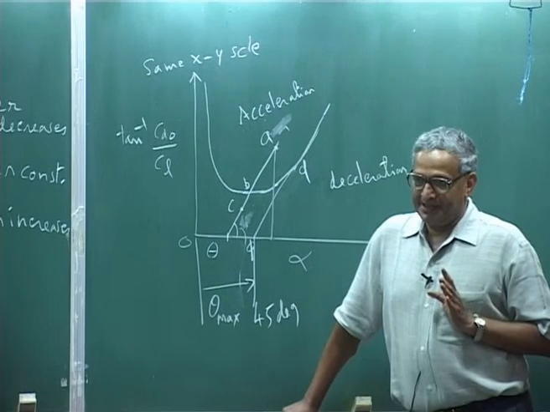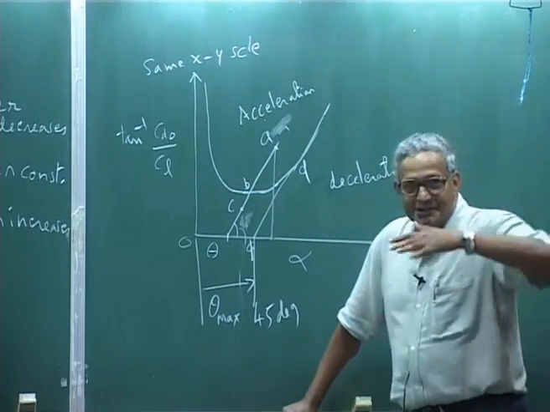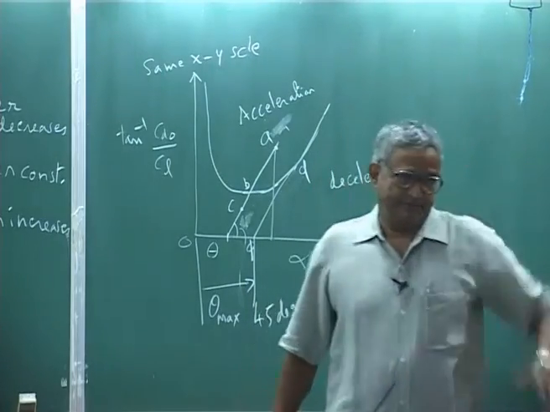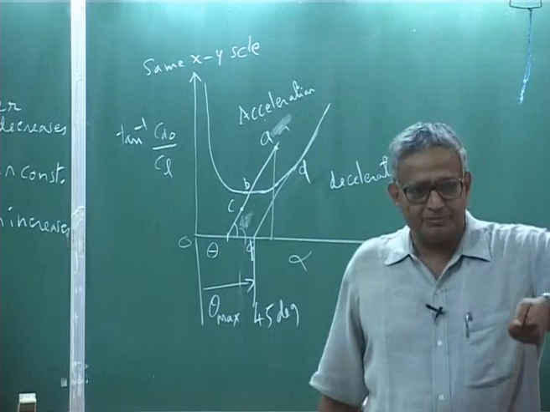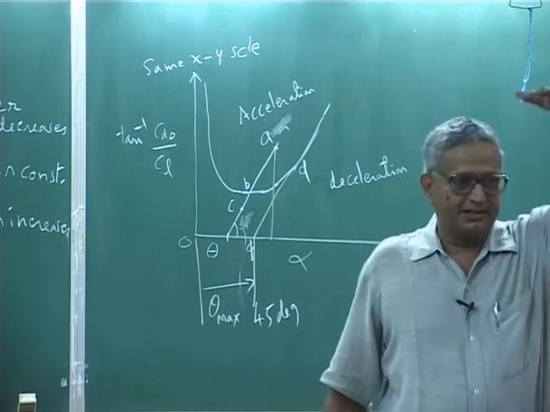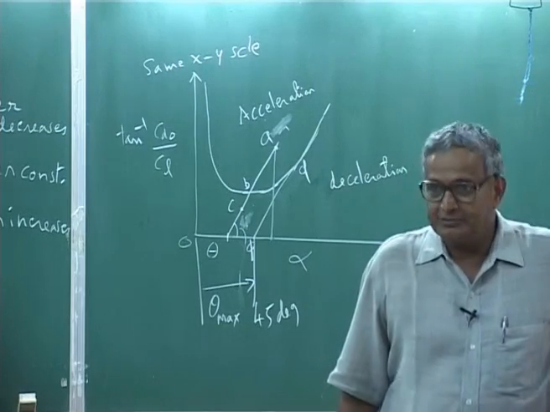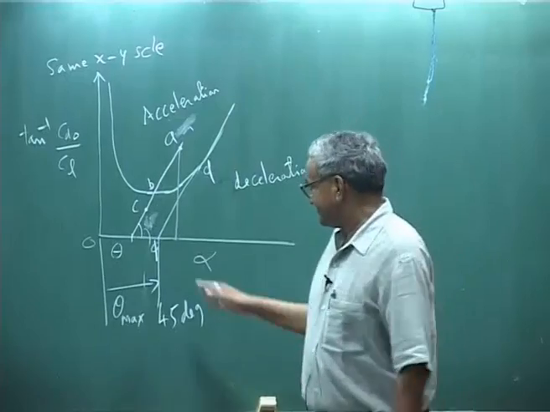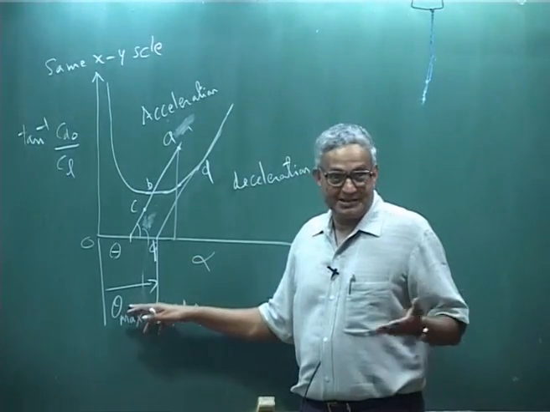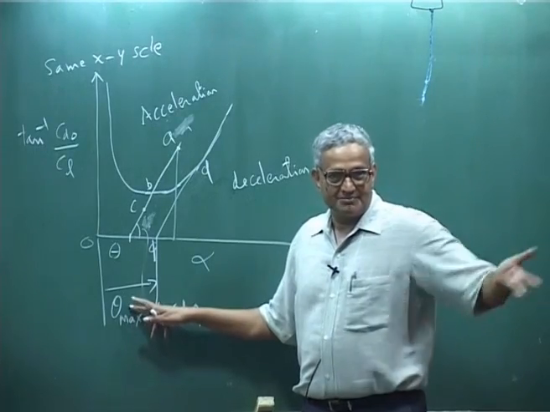Now, when you are hovering, the pilot will be operating his collective pitch at some value, with the power on. It can be more than this, because it is a flight condition, and the weight and everything matters.